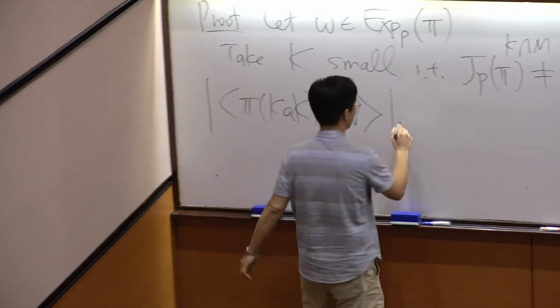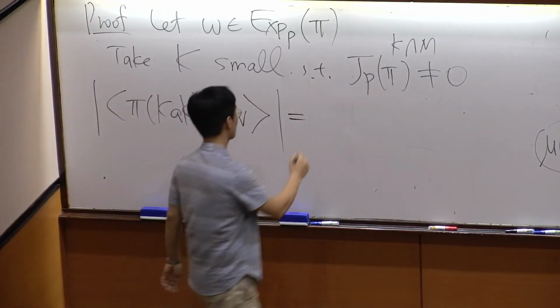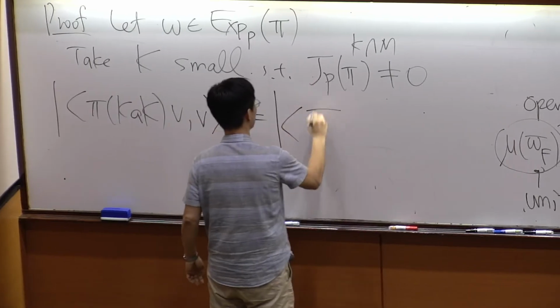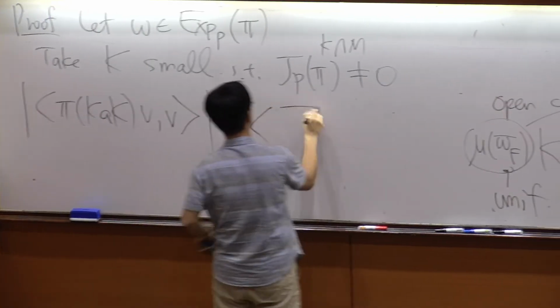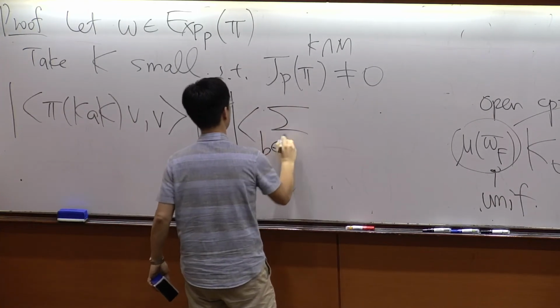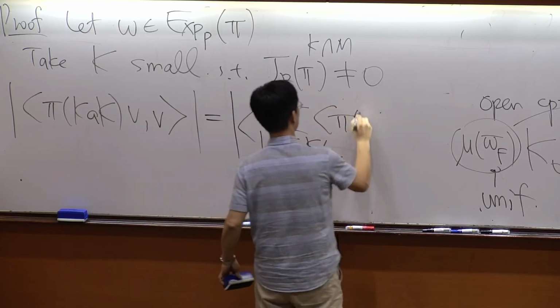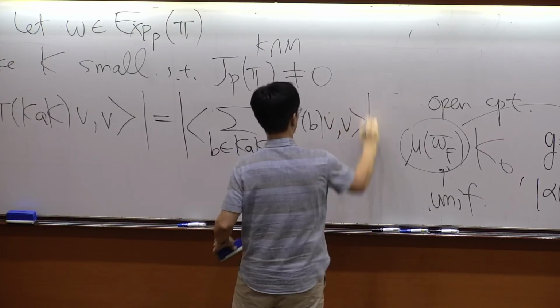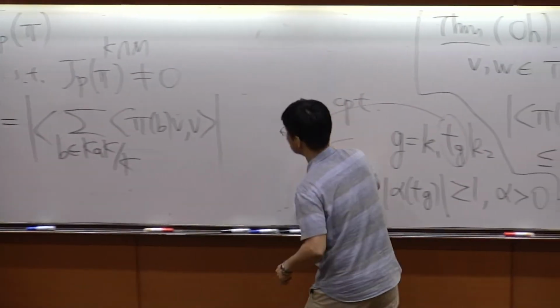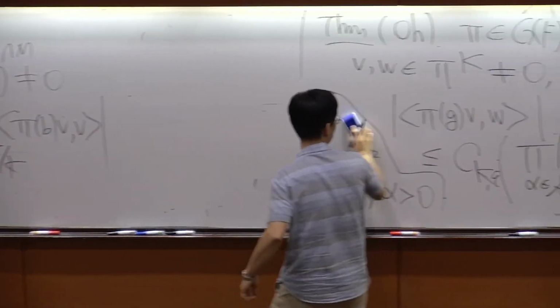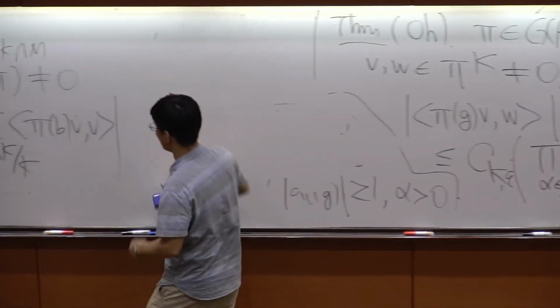On the one hand, it's elementary to decompose this into, well, <pi(b)v, v>, which is bounded by Heo.